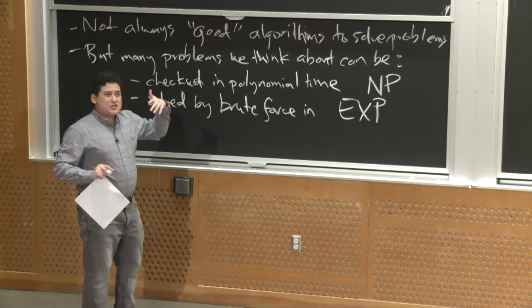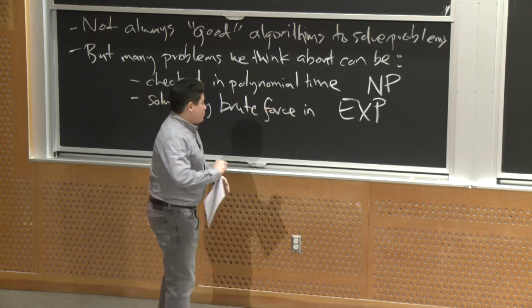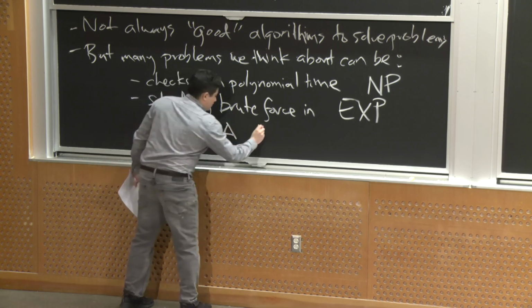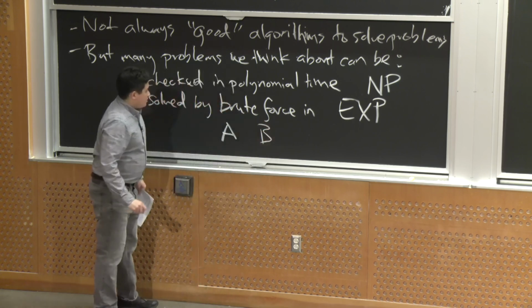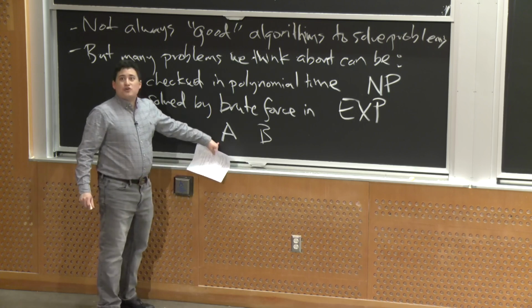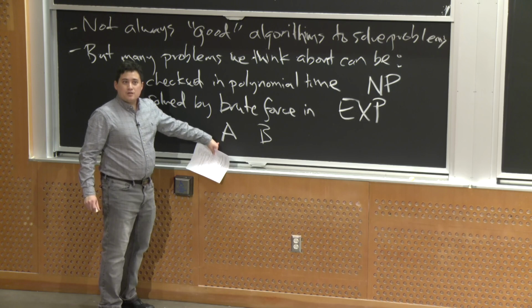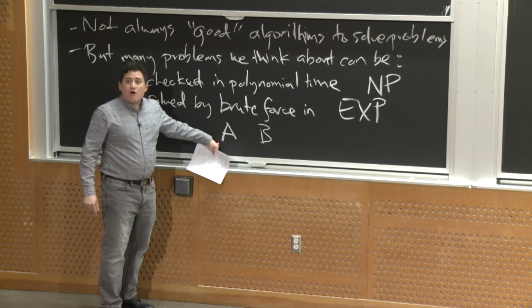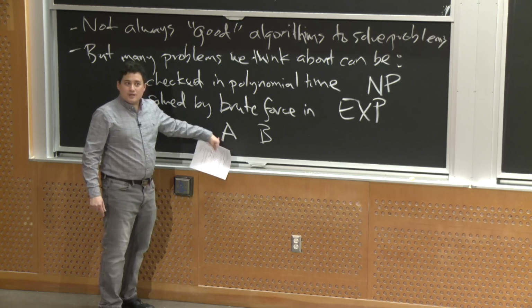Knowing kind of a directionality of a reduction, right? If you have a problem A and a problem B, and I know that this one is difficult by some measure, right? I already happen to know that it's very hard, like NP-hard or something like that.